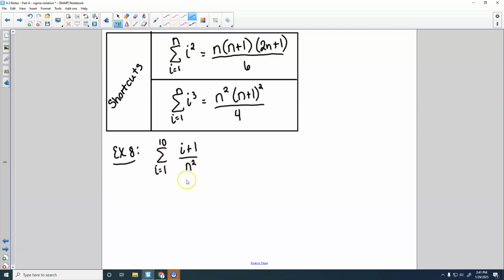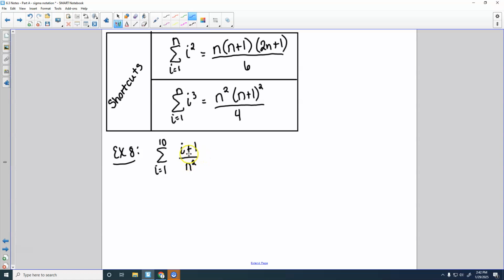If I'm doing this problem, I could use the shortcut rules to help make it a little bit easier. You could also do it the long way. You could do 1 plus 1 over n squared plus 2 plus 1 over n squared plus 3 plus 1 over n squared. It's not the worst in the world to do, but I would like for us to work on these shortcut rules because we're going to need them to be able to do the limit definition that we're going to look at tomorrow.